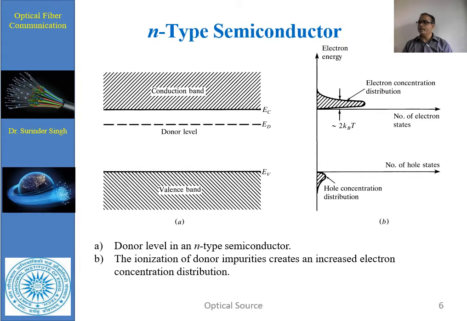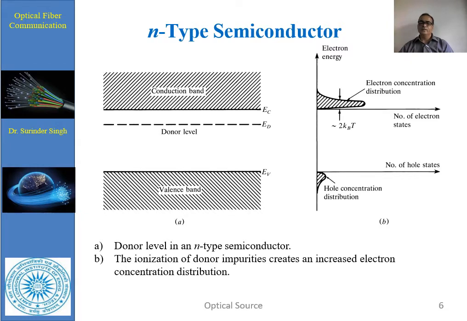By doping, these elements have 5 electrons in the outer shell, and 4 are used for forming covalent bonds, and there is a fifth, loosely bound electron available in the conduction band.